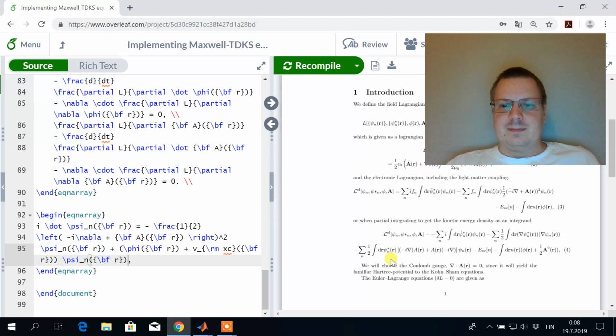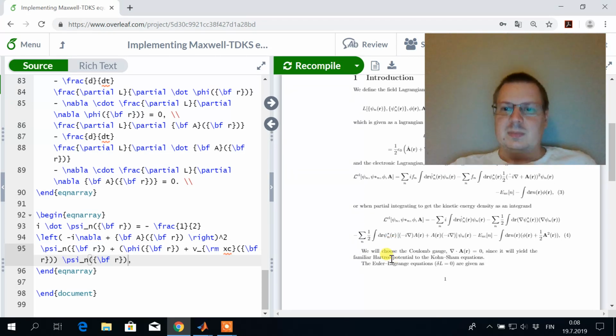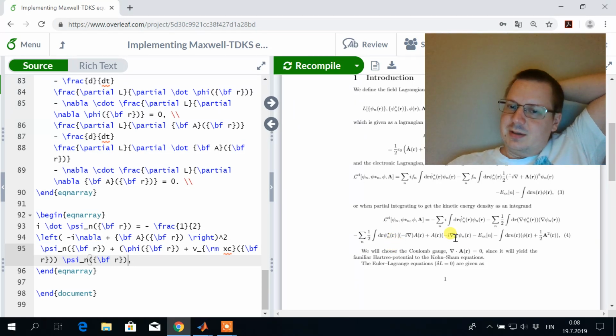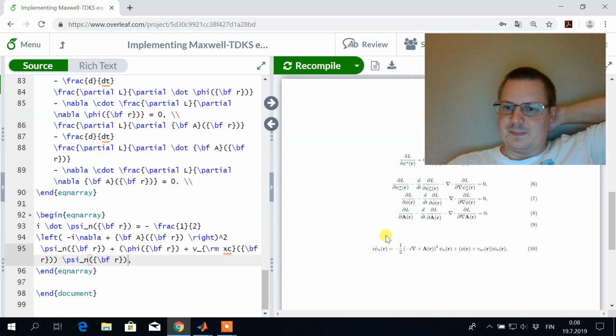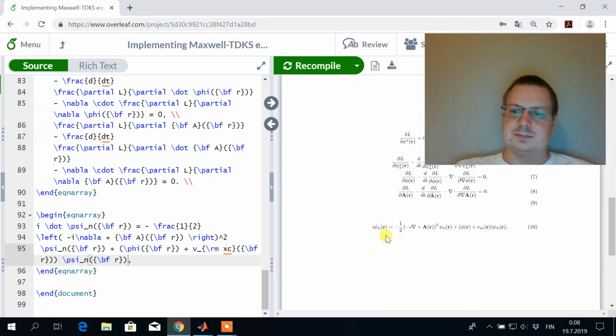And that's exactly what we will have, because here is psi, and these nablas, if you take them to operate to the right, they will operate to the psi without the complex conjugation. So it's exactly like so. Okay, so this one is correct now.